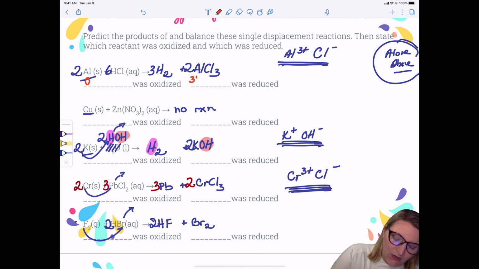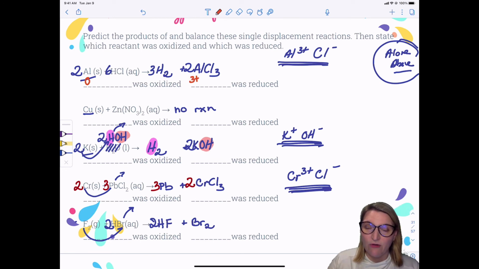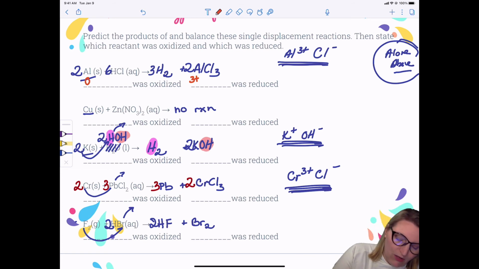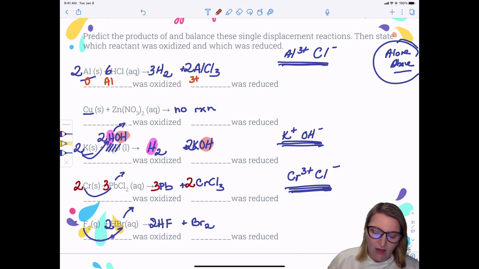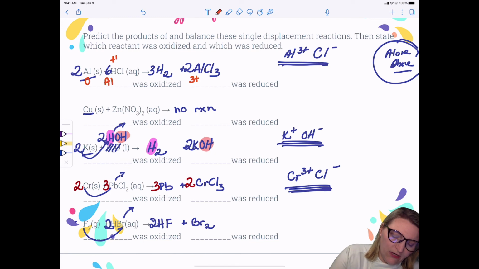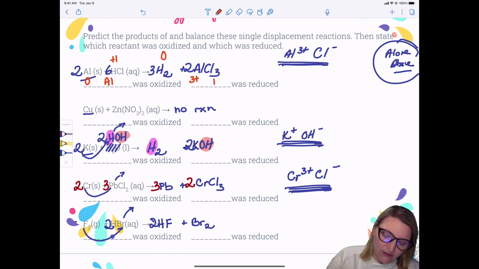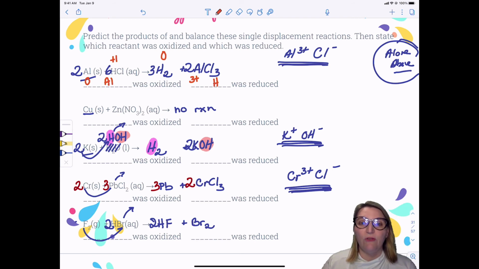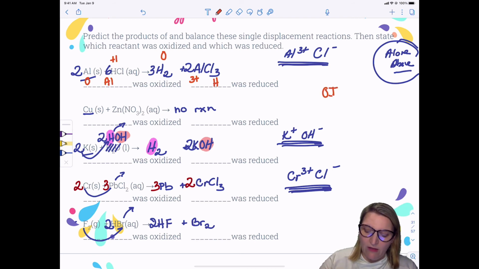It ends up as being 3 plus. It lost electrons. To become positive, you have to lose electrons. So aluminum was oxidized. Hydrogen is +1, and here it is 0, so it must have gained electrons. So the hydrogen was reduced. Remember, oil, oxidation is loss, reduction is gain.